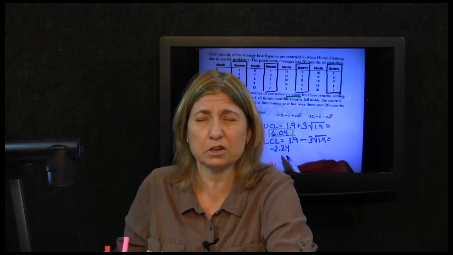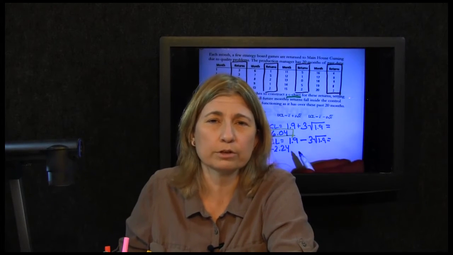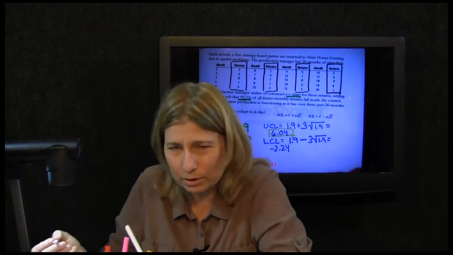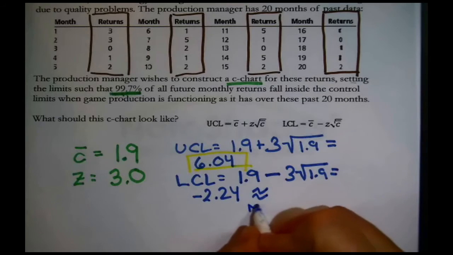There's no such thing as a negative number of games returned during a month. There's no such thing as negative 2 games having been returned in a month. The lower control limit on these kind of charts can often just naturally return a negative number. In reality, there's no interpretation for that negative number, so we just reset it to 0.